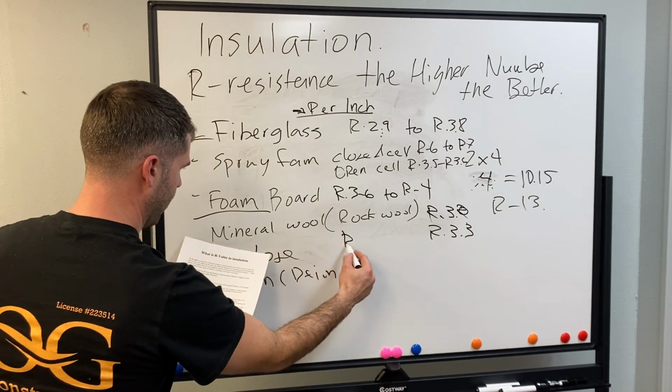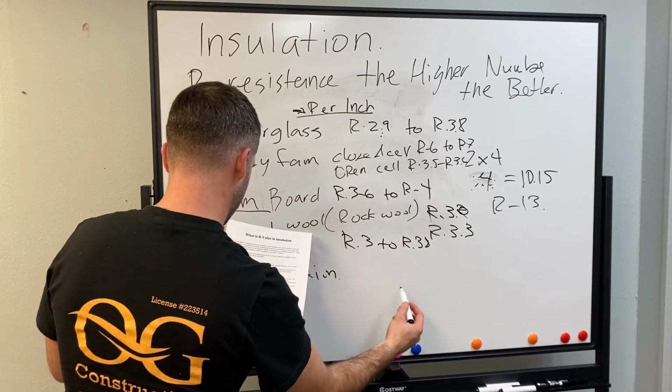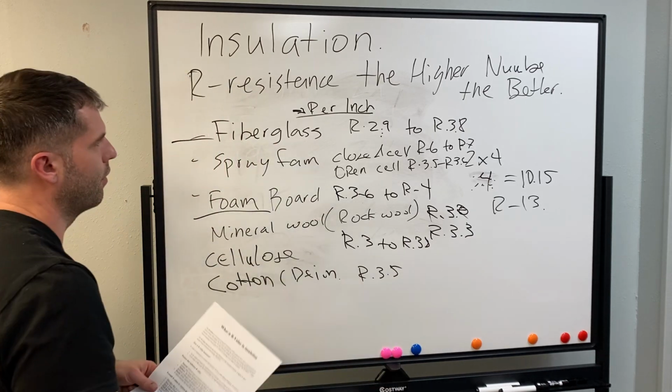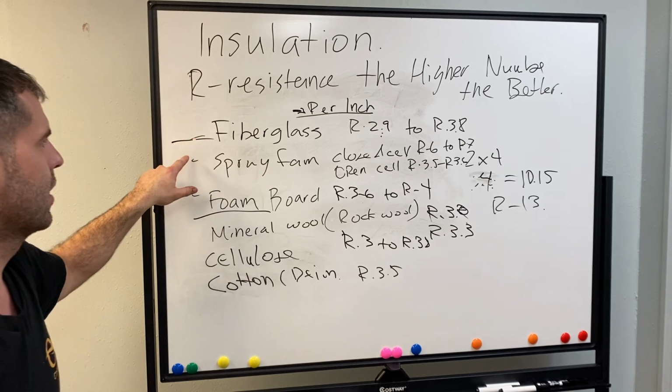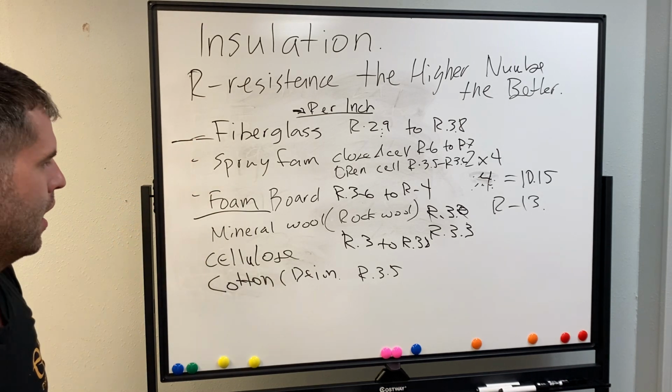Cellulose is R3 to R3.8, and this one's R3.5. Okay, so for every inch you get a certain R value. So fiberglass, that's why they have the different R21, R19, and all the rest, right?